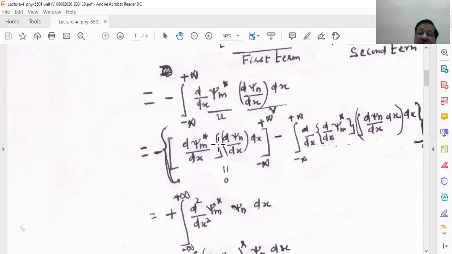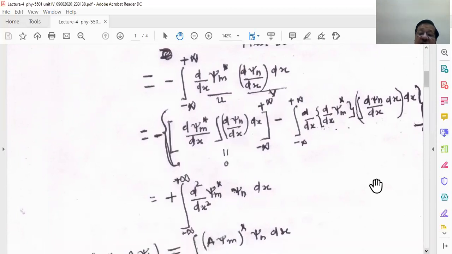Now you look at this. There is a minus sign here, and there is a minus sign here. So minus minus ultimately gives you a positive sign, and the first term is 0. So we have a plus sign, and now the integration term. This is d by dx operating on d by dx, which gives you d square by dx square, operating on psi m star, right?